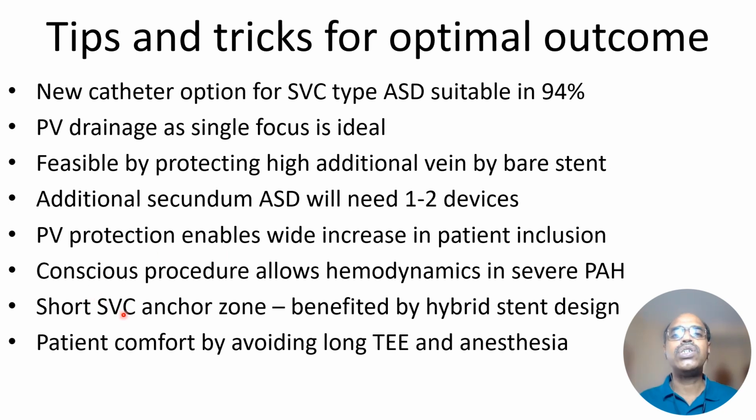Patients who have a short SVC anchor zone are prone to embolization, and these patients benefit from the new hybrid design stent. We try to keep the transesophageal echocardiogram to a minimum, only at the end of the procedure, so it increases patient comfort and the patient is very comfortable throughout the entire procedure.